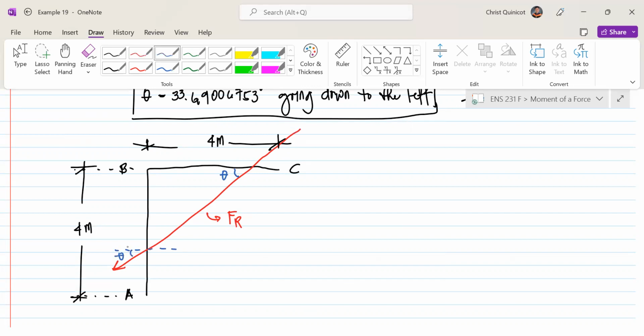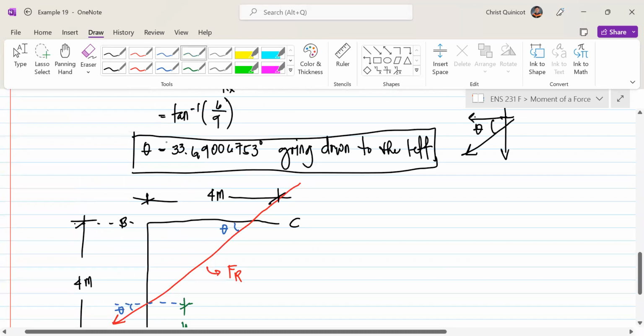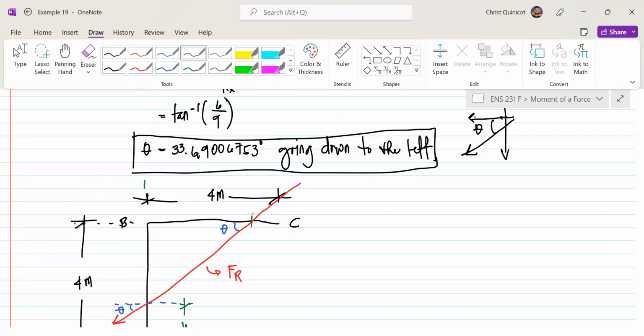Now we will also let the distance from A, where the line of action passes column AB, be our y. And from A, where it passes through boom BC, we'll call that distance our x.